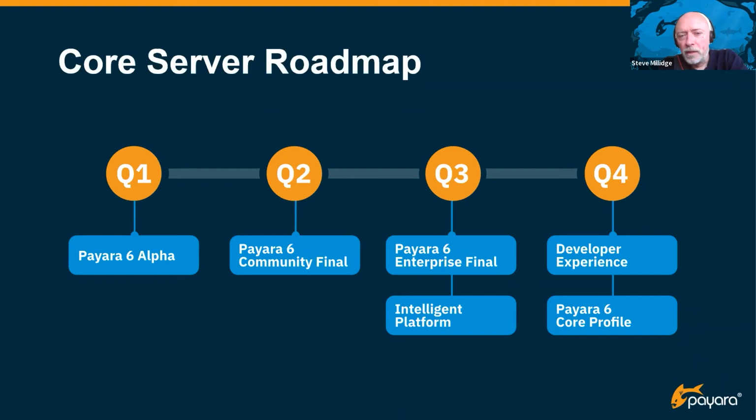Initially, we'll probably support that through Payara Micro, depending again on what happens upstream on the capabilities of core profile. We may create another third runtime specifically for core profile if it has other capabilities that make it necessary to do that. But we are ready to do that if needed.